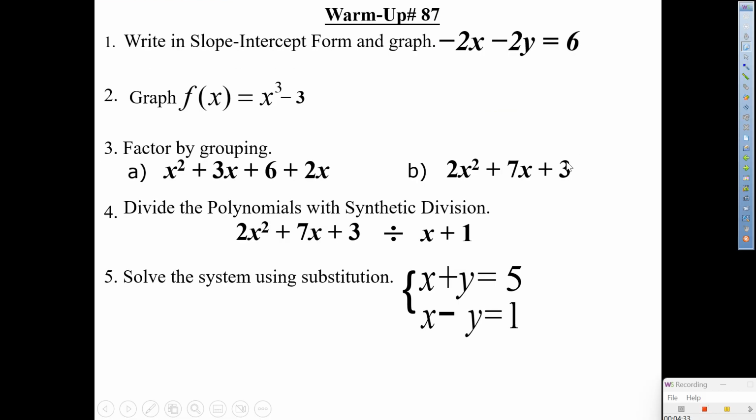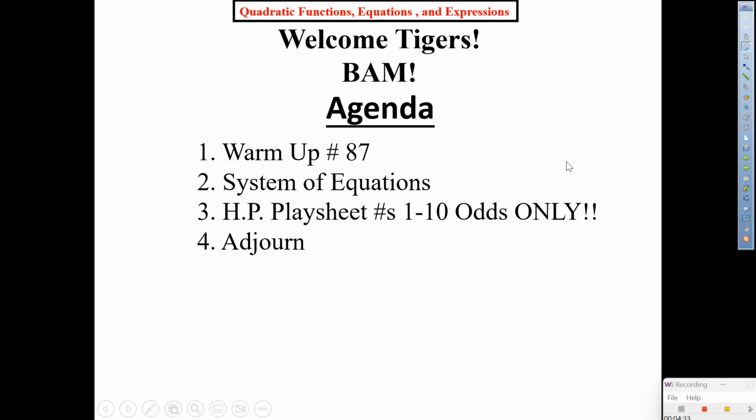Copy the agenda, please. Warm up number 87, systems of equations, and play sheet, tonight's home play sheet. It's in Canvas, and you're going to do numbers 1 through 10, odds only. Make sure you turn in your warm up, please, on Nearpod.